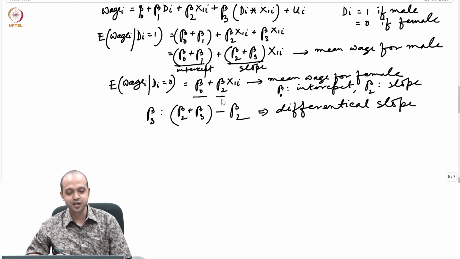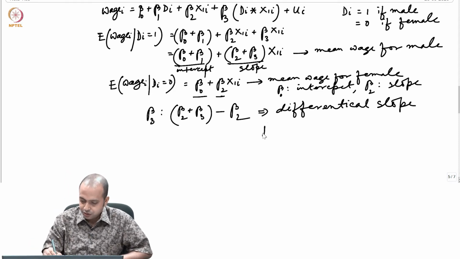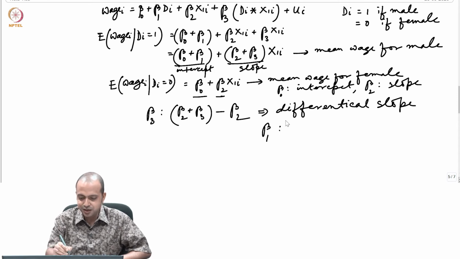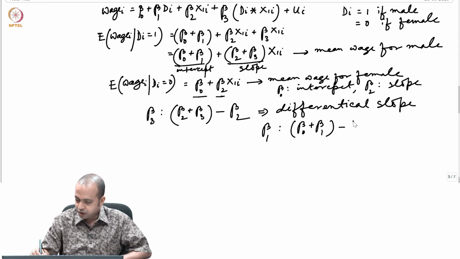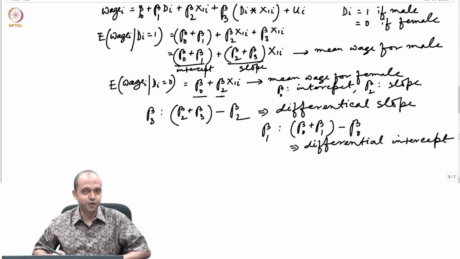Is this clear? So, that means, how do you derive beta 1 now? Beta 1 is again the same. See, beta 1 is nothing but beta 0 plus beta 1 minus beta 0. So, this indicates the differential intercept. This interpretation we have already derived.